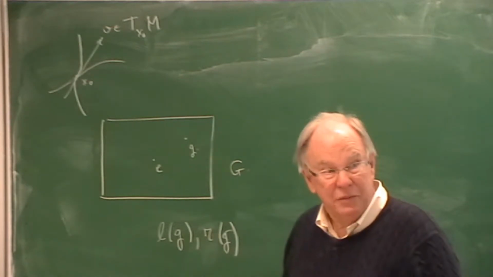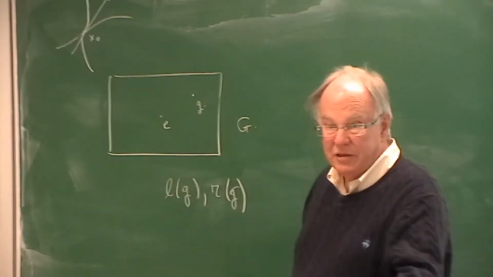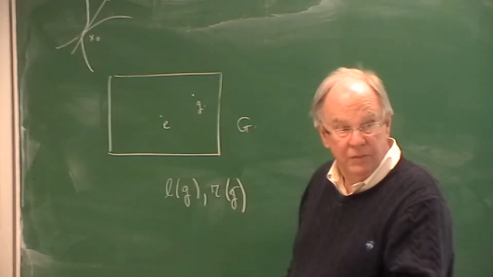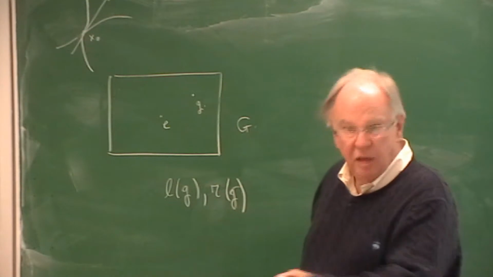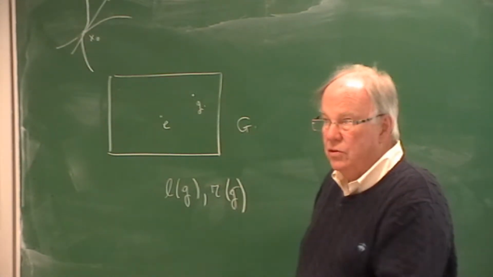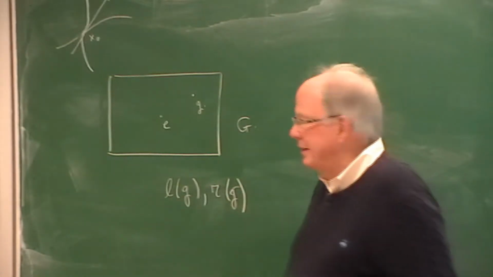Right? Those are multiplication operators on the group, right? Left multiplication means x goes to G times x. And right multiplication means x goes to x times G. Those are two different operations on the group. Right?